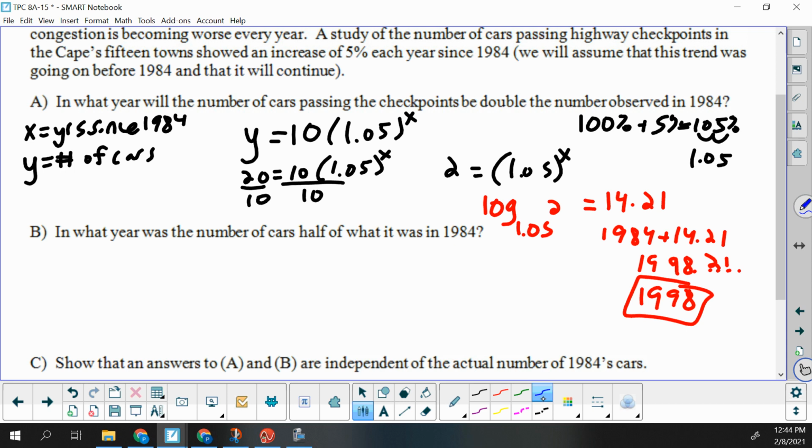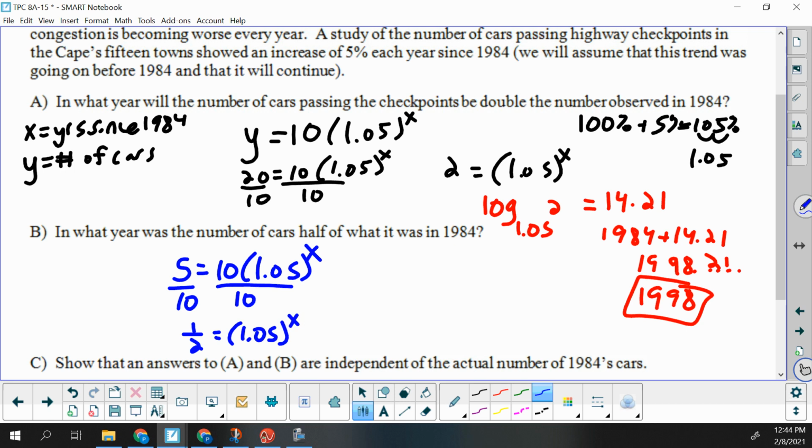Well, what about when it's half the cars? Well, if we're saying we started with 10 again, we would want 5 over there. We could divide both sides by 10, and that would give us a half. Solving this would be really similar to what we did above. We'll have a log with a base of 1.05.